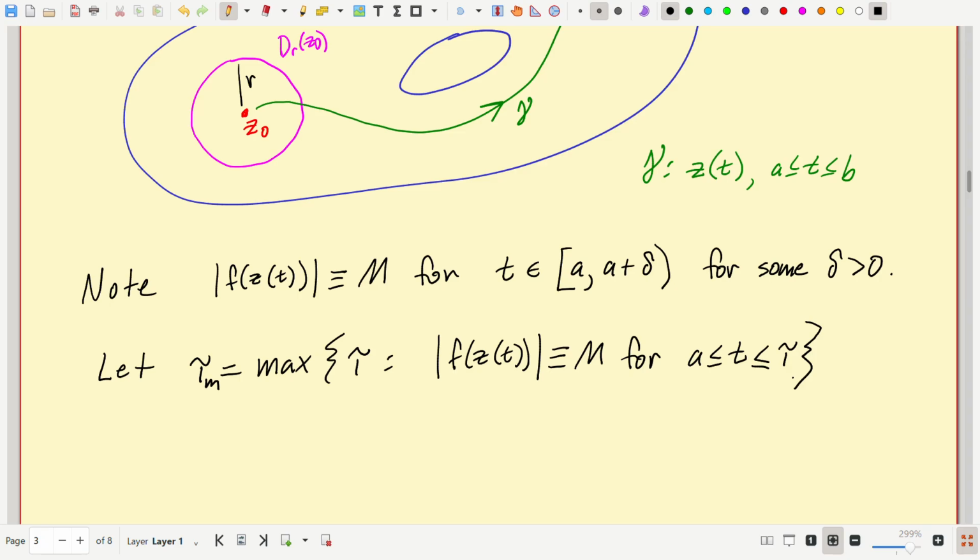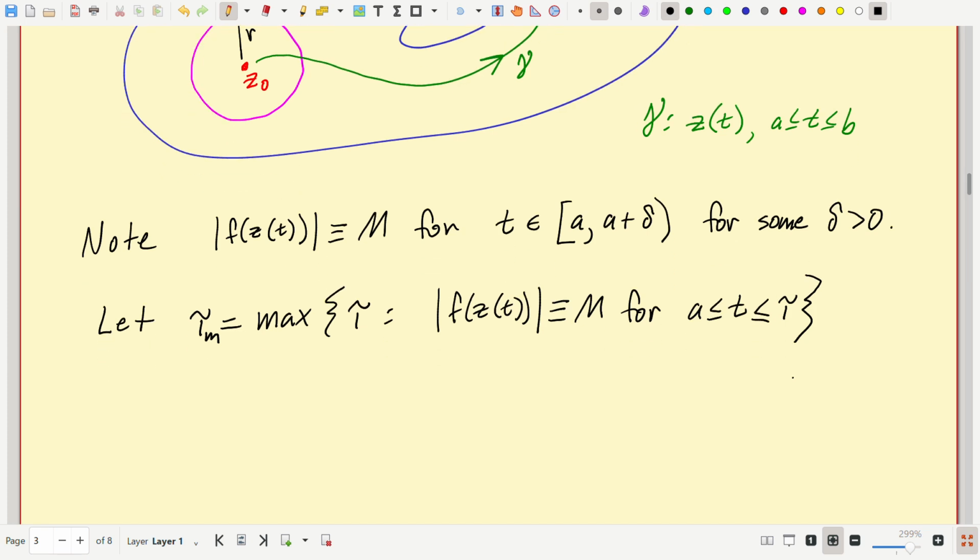Well, I claim that max has to be b. I can get all the way there, all the way to b.